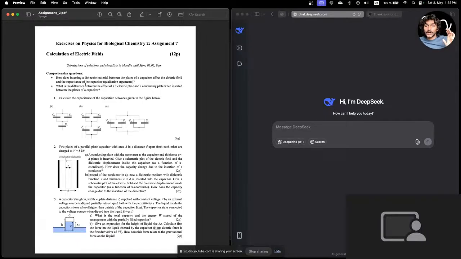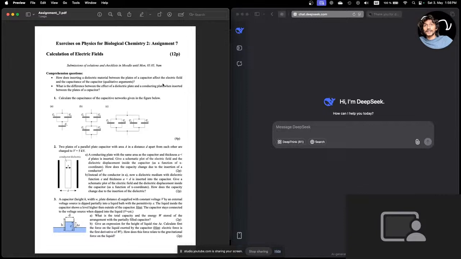Inserting a dielectric material between the plates of the capacitor increases the capacitance as the dielectric material polarizes due to the electric field between the two metal plates, which results in taking in more electric charge overall. That is the increase in capacitance.